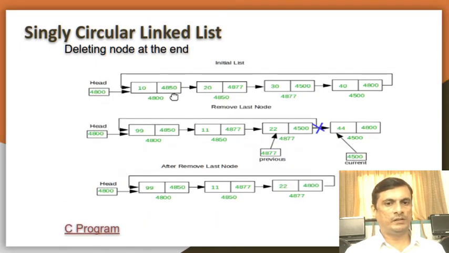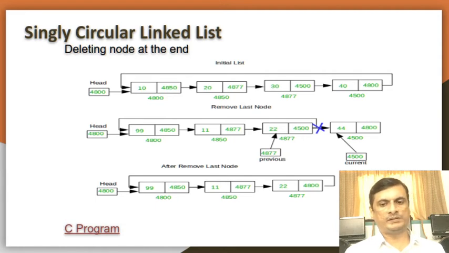If I have to delete the node at the end, similarly to the previous case, I need 2 pointers, current and previous. Move the pointers such that next of previous is always pointing to the current.